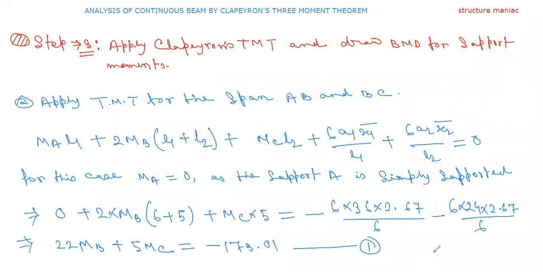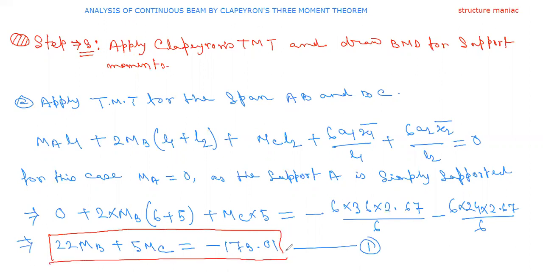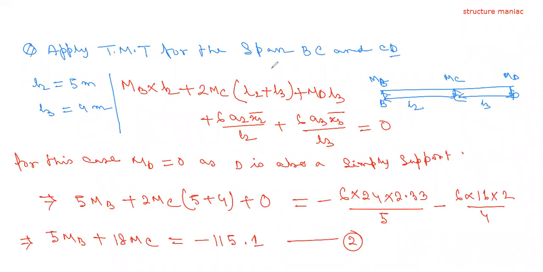Now solve this equation with equation 1. Here we have equation 1 and here equation 2. Just put it in your calculator and you will get the values of MB and MC. Or you can simply do it in any other approach also.